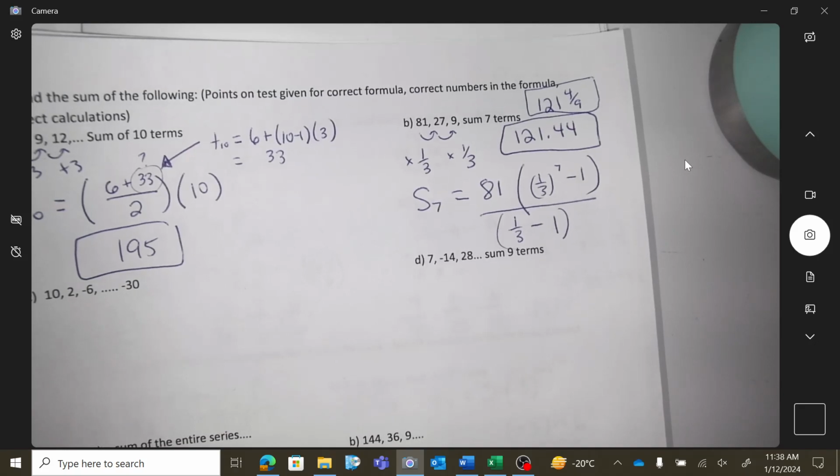Okay, so on your test, I'm always looking for, did you get the correct d or r? Did you use the correct formula? And did you get the answer because you typed it in properly? So those are your points on your tests.